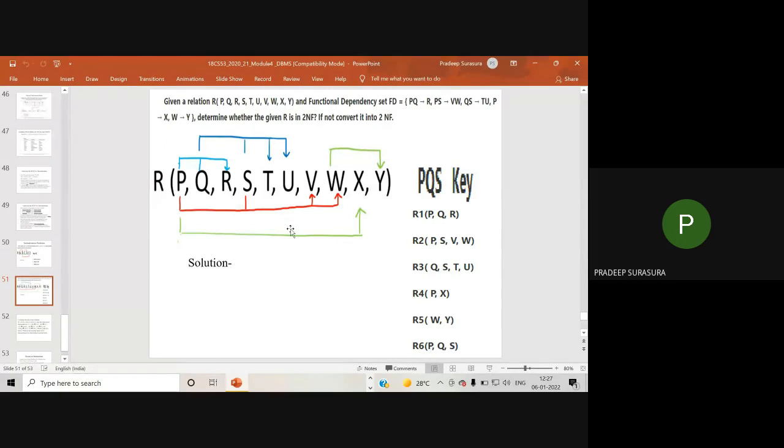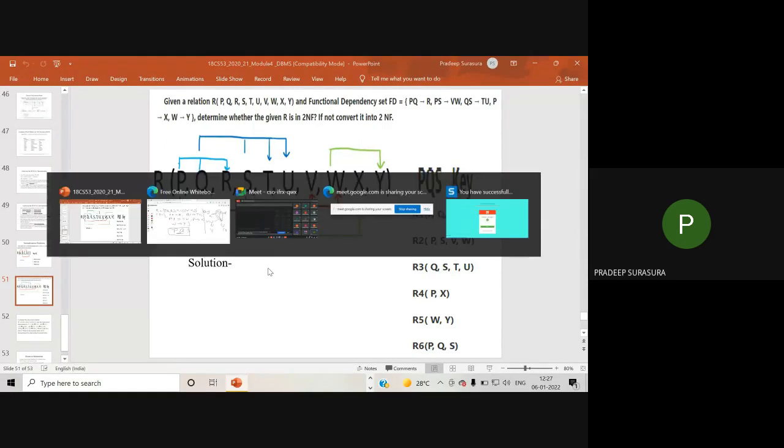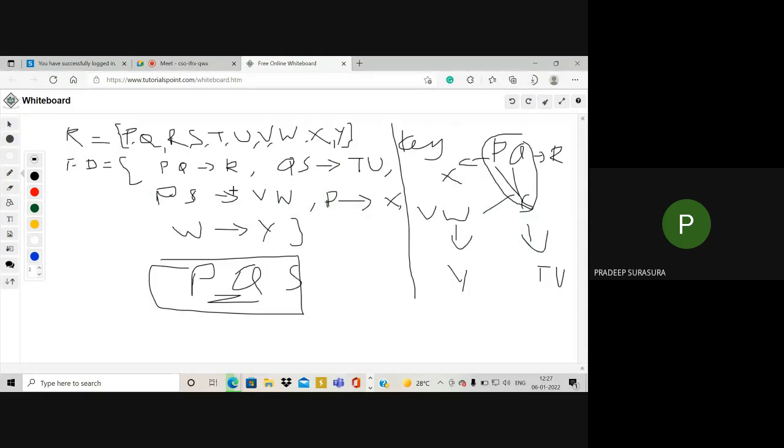So all FDs are violating except W determines Y. All the other FDs are definitely violating second normal form, because PQS has to be the key. R is depending only on PQ but not on S. This is violating. Here I don't find P, so this is violating. Here I don't find Q, so this is violating. Here I don't find Q and S, so this is also violating. So now try to understand how you will break this.